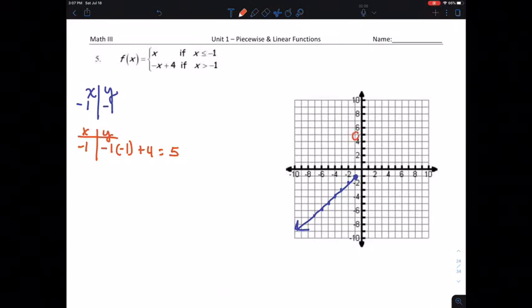That would be an open circle, and it's negative, so we're going to go down and to the right, and we want to make sure that it crosses the y-axis at 4 because that's our y-intercept. We continue that, and we would get a graph that looks sort of like this.